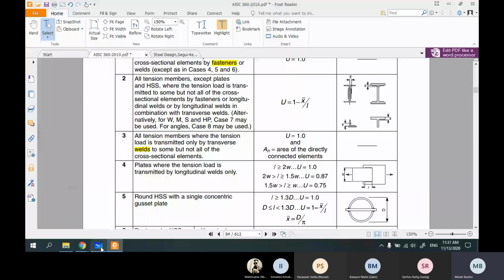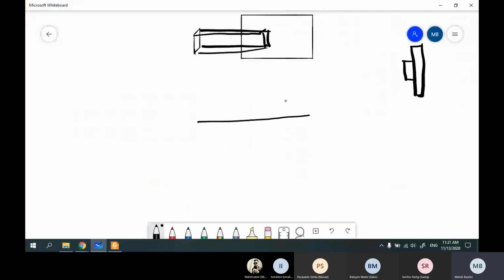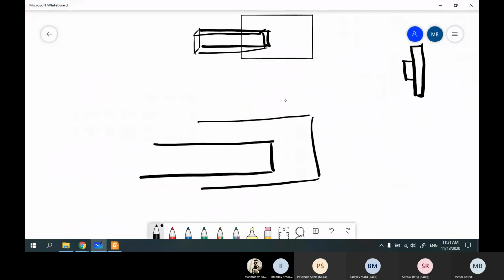What was the difference between transverse weld and longitudinal weld? If you remember, I told you that this is a member, and this is another one. This is a transverse weld, and this one is a longitudinal weld.